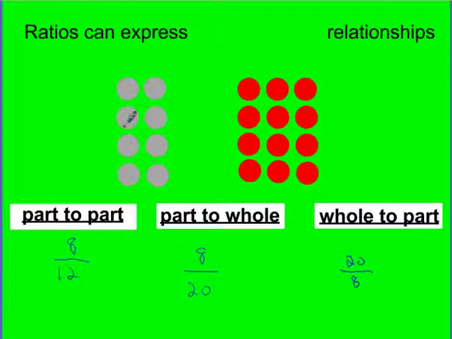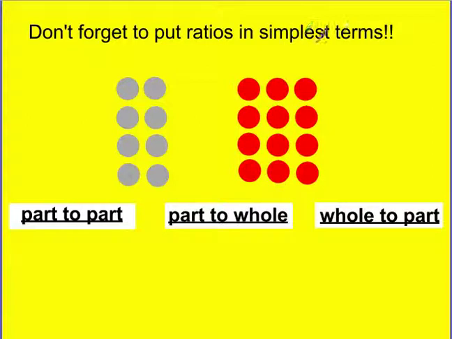Once you have your ratios established, whether it's part to part or part to whole or whatever it is, you have to put it in simplest form. Here we had part to part, 8 gray compared to 12 red, and in simplest form it would look like 2 over 3. So that would mean for every 2 gray dots, there are 3 red dots.